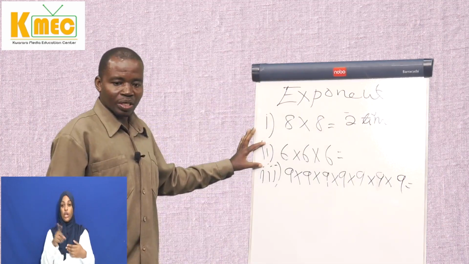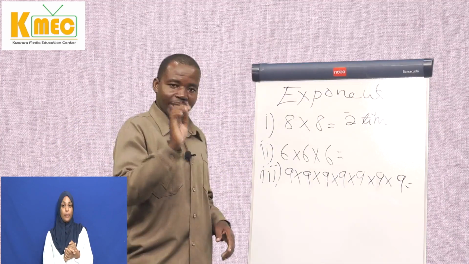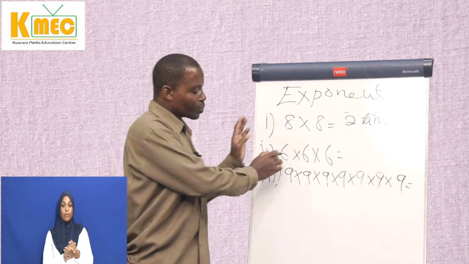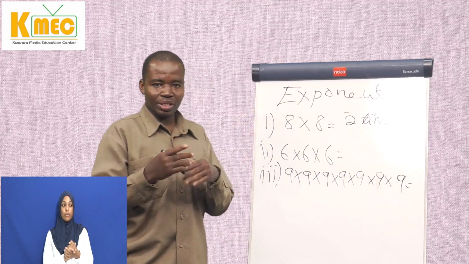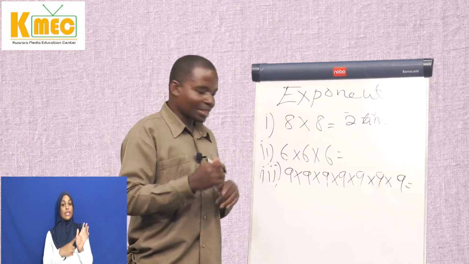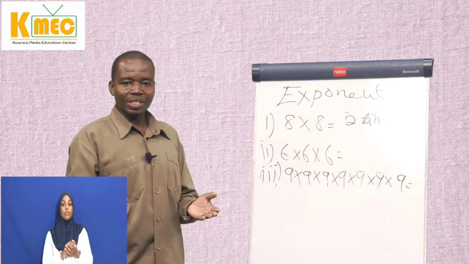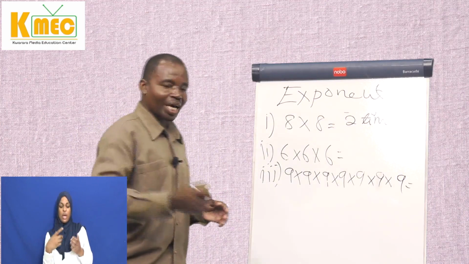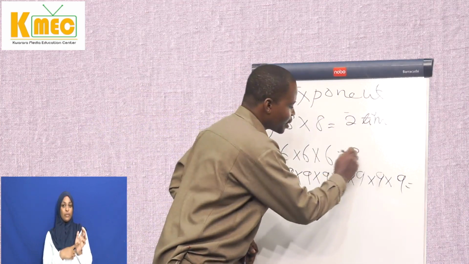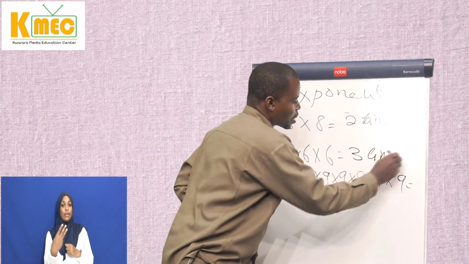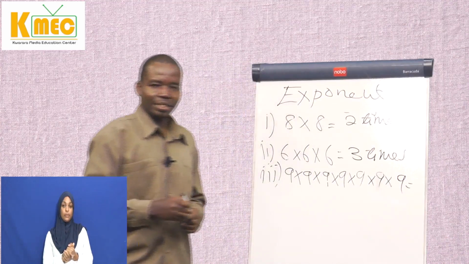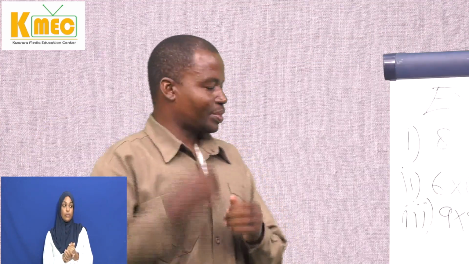Example number 2. So 6 by itself, we just count here. 6 multiplies by itself 1, 2, 3. How many times? Well, it multiplies 3 times. 6 multiplies itself 3 times.